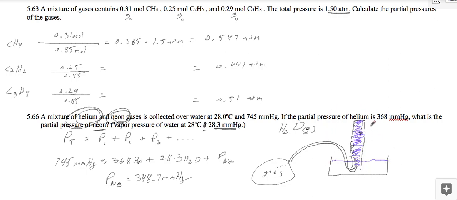And so if we want to use that method to collect the volume and then use PV=nRT to be able to calculate moles or whatever, we have to be able to account for this vapor pressure of water. And in order to account for the vapor pressure of the water, we need Dalton's law of partial pressure. So that's why I put in this kind of stoichiometry section, and we're going to do a practice problem related to that, and that's number 67.